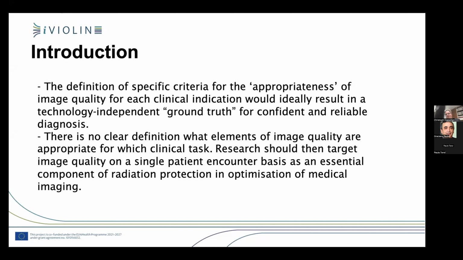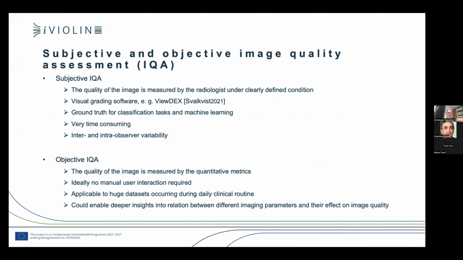Now, having talked for quite a while about the conditions and what we want to describe with image quality, let us see how we can describe it. First of all, we divide image quality assessment into two major divisions: subjective image quality assessment and objective image quality assessment.